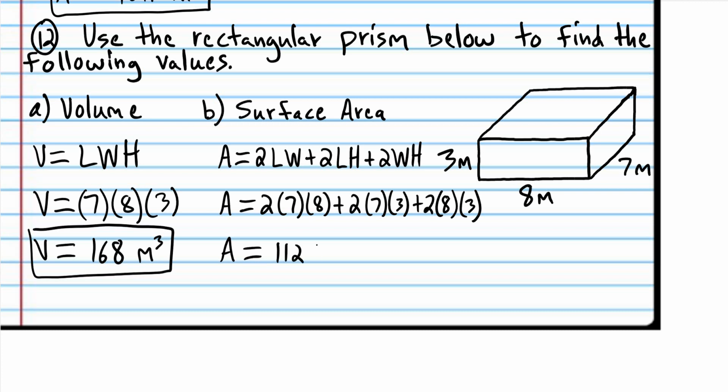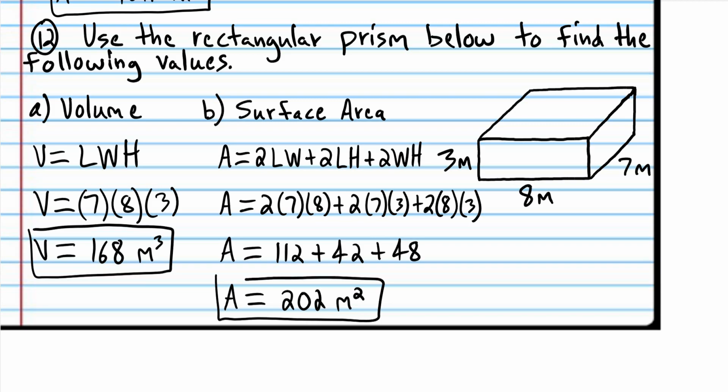It's going to be 112 plus 42 plus 48, and if we add those together we get 202. So we have 202 square meters. This is area, so it's going to be square meters.